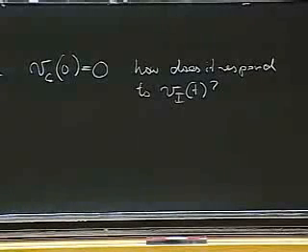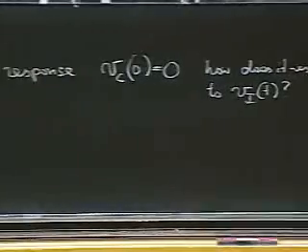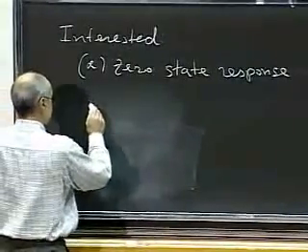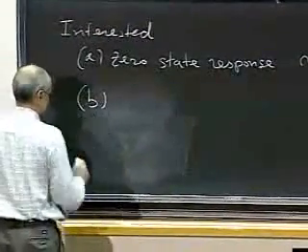So starting with a capacitor at 0 state, what is the response? It allows us to decouple the initial conditions from the response to the input. Now you will see that this is actually very useful.